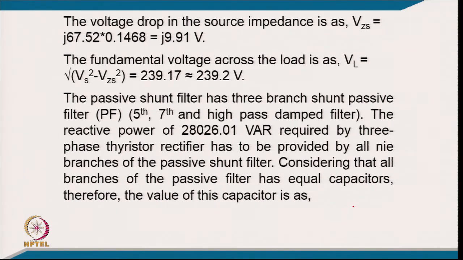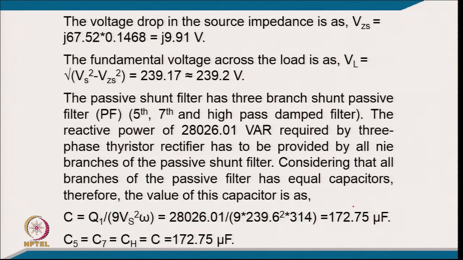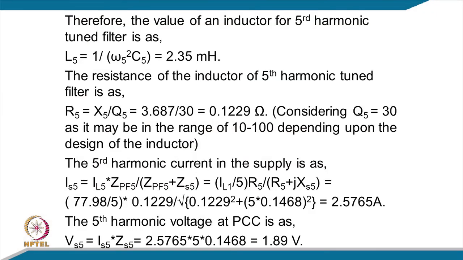Considering that all the branches of the passive shunt filter have equal capacitor, the value of capacitor is C equal to Q1 upon 9 Vs square into omega. Keeping all the values, it comes 172.75 microfarad, and all 3 are equal, meaning C5, C7 and CH equal to C equal to 172.75 microfarad.